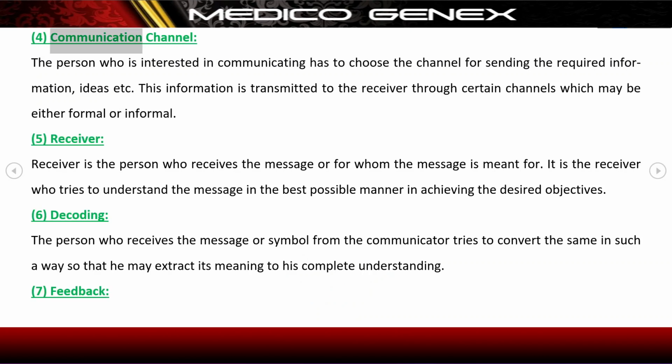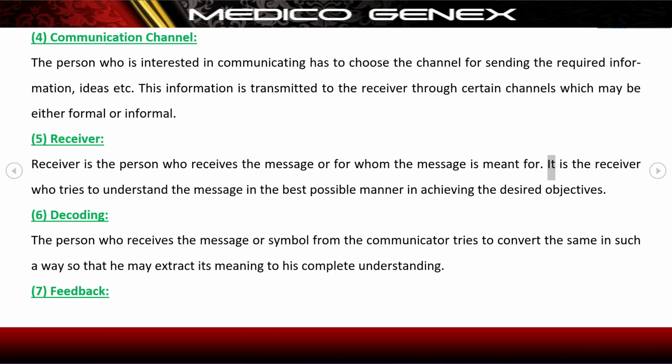4. Communication channel. The person who is interested in communicating has to choose the channel for sending the required information, ideas, etc. This information is transmitted to the receiver through certain channels which may be either formal or informal. 5. Receiver. The receiver is the person who receives the message or for whom the message is meant.